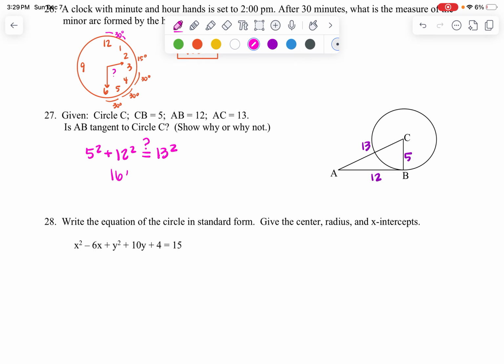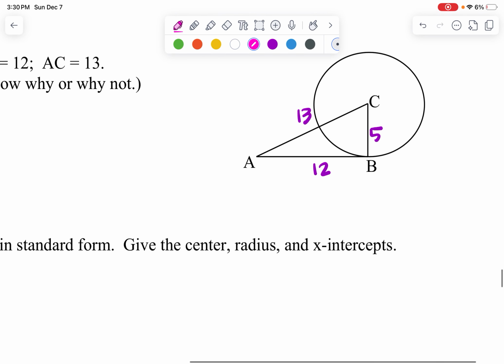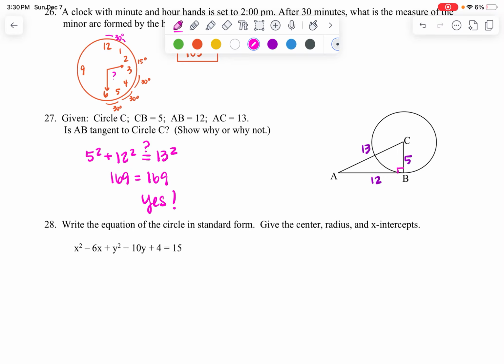Well, of course it is, because that's a Pythagorean triple. If you don't want to write the Pythagorean theorem out, you could just write, yes, Pythagorean triple. I'd be totally cool with that. This does prove that there is a right angle between the radius and the tangent, which is always true. So these numbers do work.